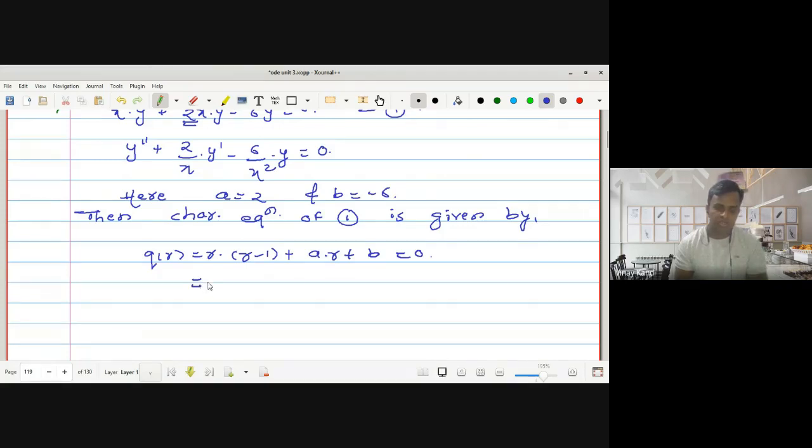So that implies r into r minus 1, what is the value of a, is 2, 2r minus 6. Okay, is equal to 0. Now tell me what is the value of r.